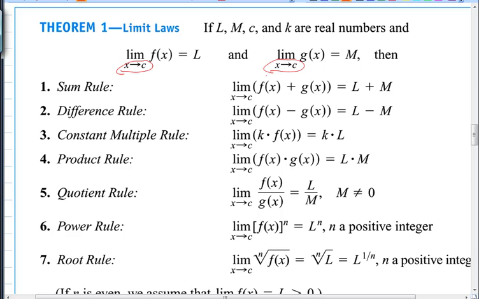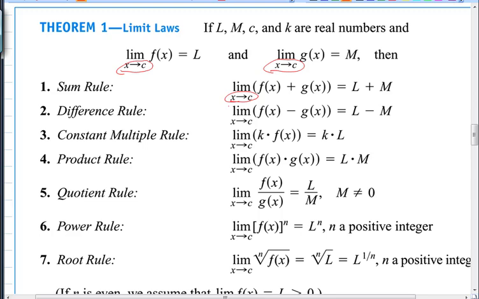Okay? So, if we look at the limit of the sum of two functions, we can add the two limits together as long as x is approaching the same thing. So, if we add the functions together, we can end up adding the limits together. Does that make sense?